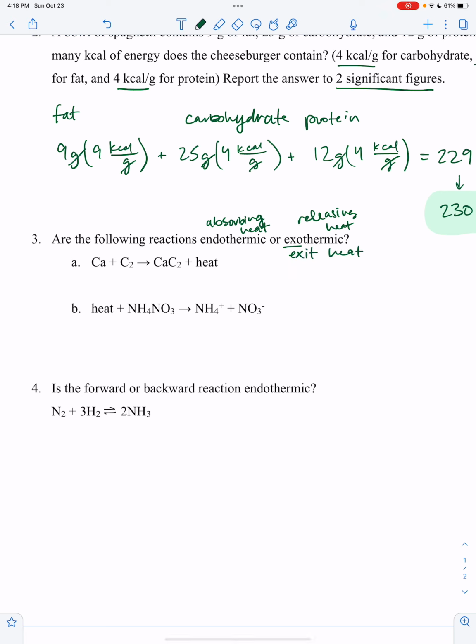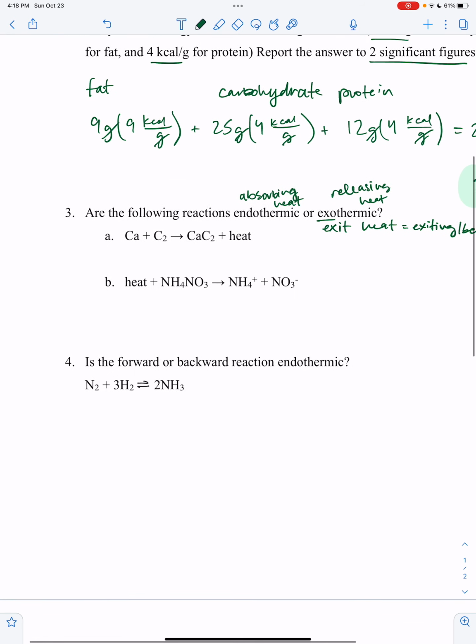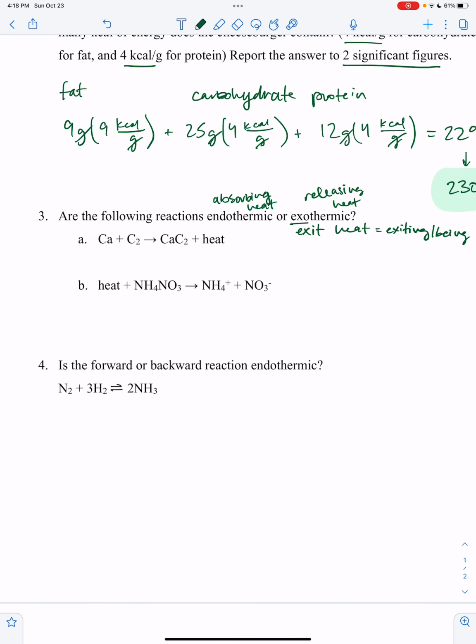So the heat is exiting or being released. Okay. So looking at these reactions that we have, these ones are not reversible. They're only going this way. So we don't have to worry about the backwards reaction.